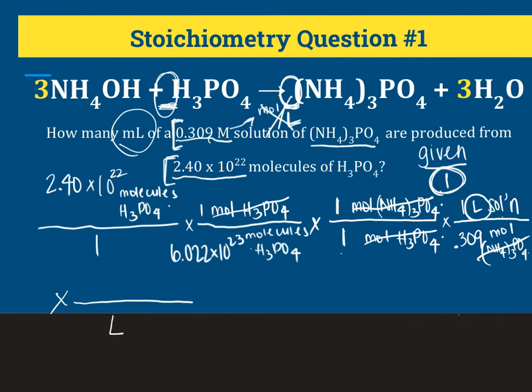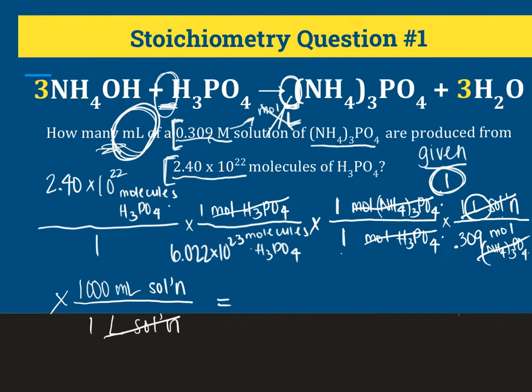We know that for every liter of solution, 1 liter of solution, there are 1,000 milliliters of solution. And if a problem is only asking you for volume up here, then you wouldn't have to write this, but our problem is specifically saying milliliters. So we can cancel out the liters of solution.